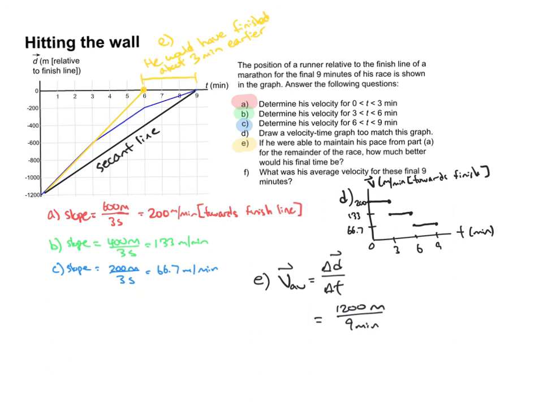And that's actually how you calculate the average velocity. Or you can just use the formula like I did. So 1200 divided by 9, 1, 3, 3.3 repeated, I think, meters per minute.